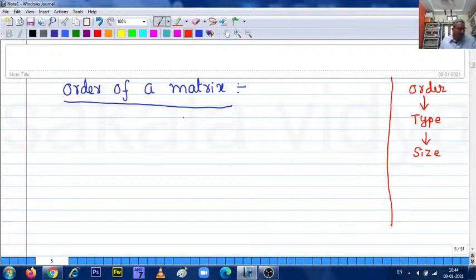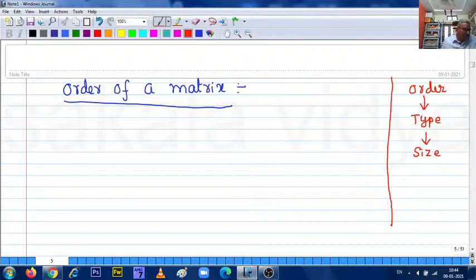What is the order of the matrix? For example, the order of a matrix can be determined by using the number of rows and number of columns.